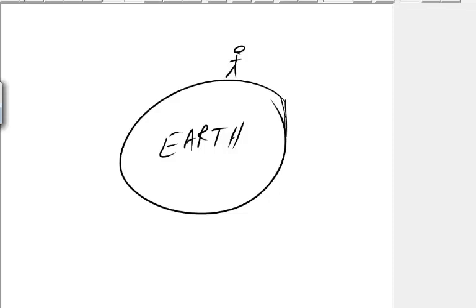Do we have mass as people? Yes. So, do I have gravity? I would think so. Yeah, we do have gravity. And as a matter of fact, the amount of gravity I feel from the Earth has to be what? The same. The same amount of gravity that the Earth feels from me.